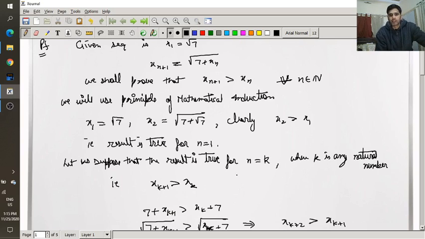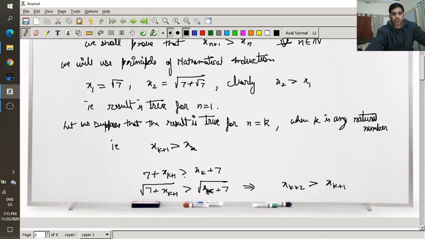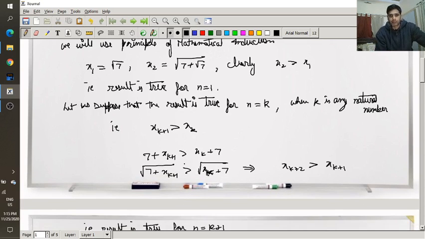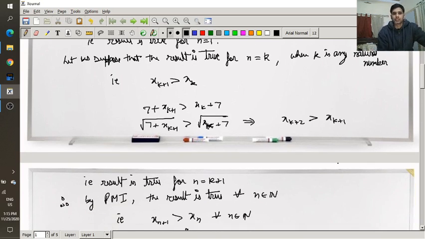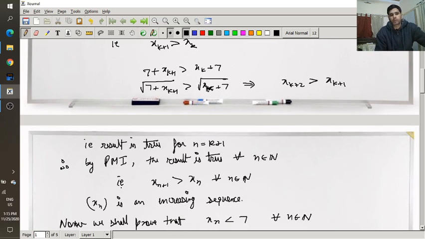Let us suppose that the result is true for n equals k, that is xk plus 1 is greater than xk. Now by some simple algebraic operations on this inequality, we will get xk plus 2 is greater than xk plus 1. That means the result holds for k plus 1 also. Therefore, by the principle of mathematical induction, the result is true for all natural numbers n.